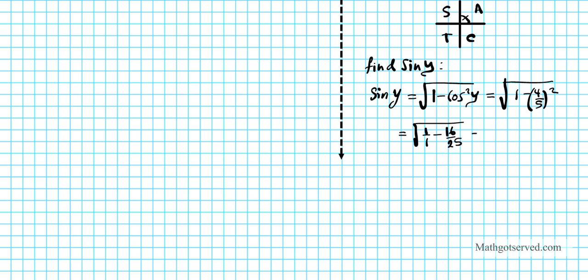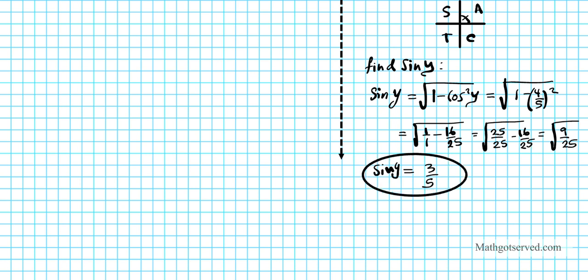When we make the LCDs the same, we have the square root of 25 over 25 minus 16 over 25. Subtracting the numerators, we have the square root of 9 over 25. When you root the top and the bottom, sine y is 3 over 5. There goes your second sub-result. Let's put a circle around it.